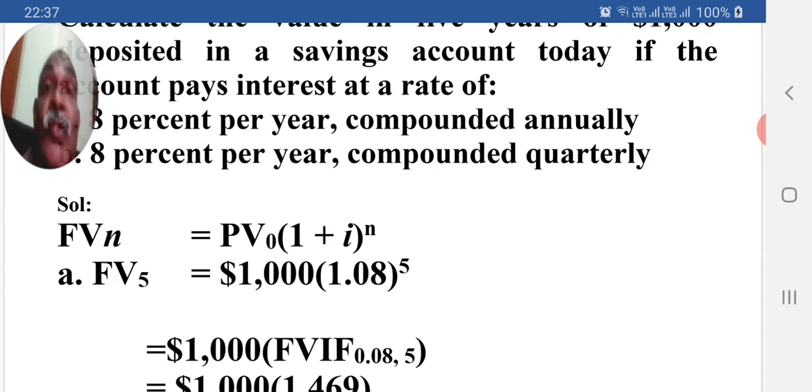You can calculate 1.08 to the power 5 with the help of a calculator. But you can also write the formula, future value is equal to present value multiplied by 1 plus I to the power n, as present value multiplied by future value interest factor I and n.